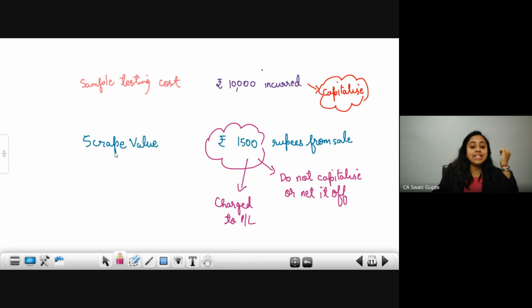Got it? Any scrap value that you derive by selling off the sample units, the tested units that were produced during the quality checks, will be charged to PL as a gain. This will not be deducted from the cost of the asset. This will not be netted off from the cost of the asset.